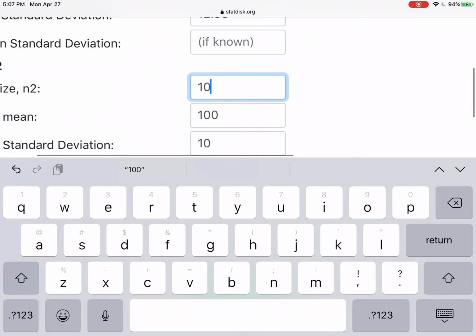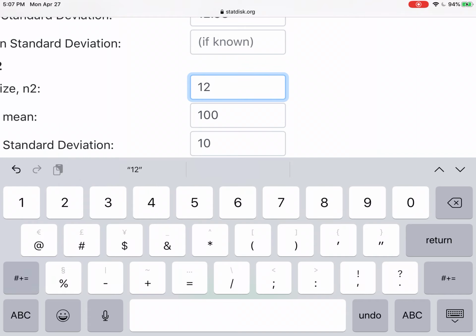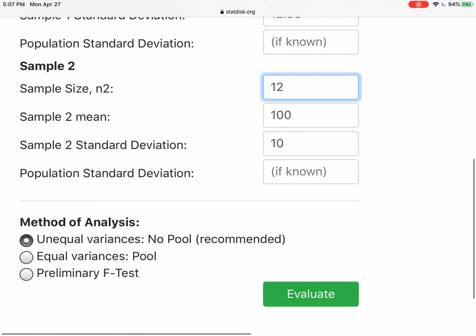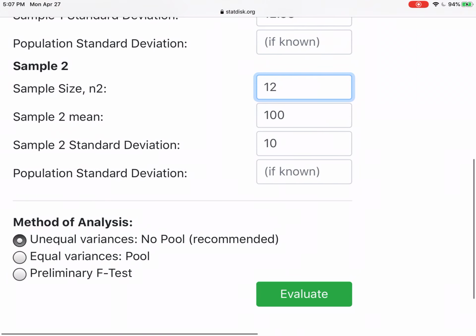The second sample also had a sample size of 12, and we'll go back and look at what the mean and standard deviation were there. For the second one, the mean was negative 15.08 and the standard deviation 15.62.